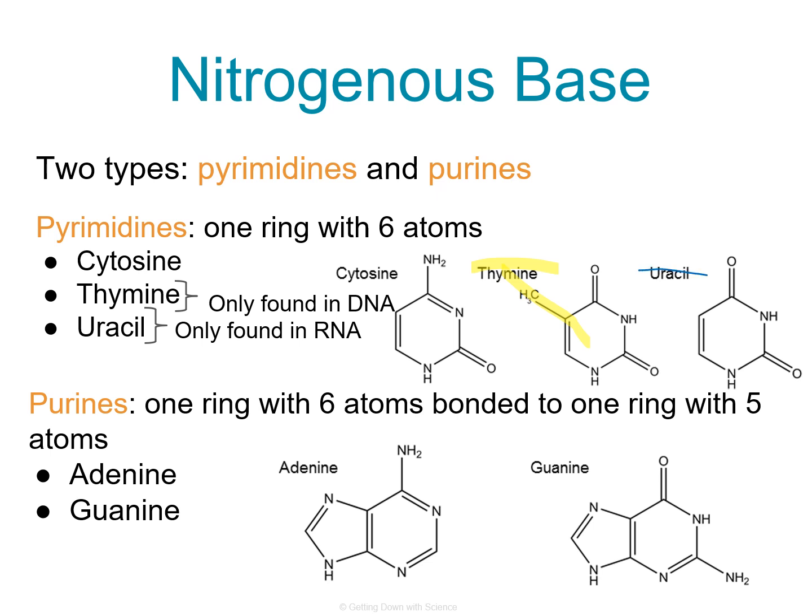Only found in RNA. And so we are going to have pyrimidines and purines bond together to start making polynucleotides.